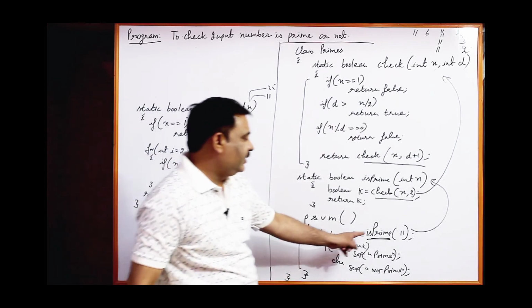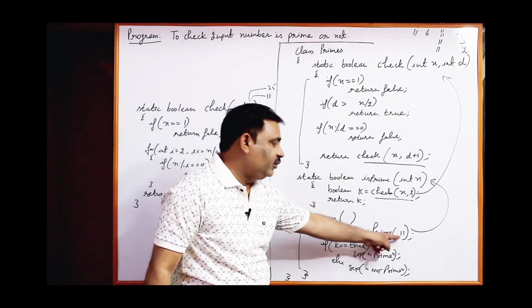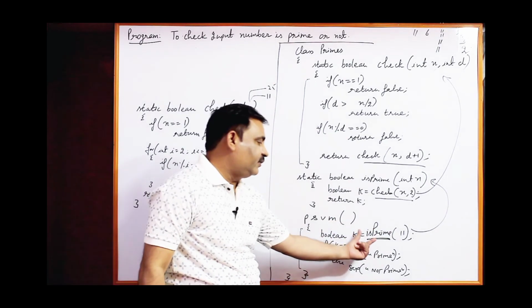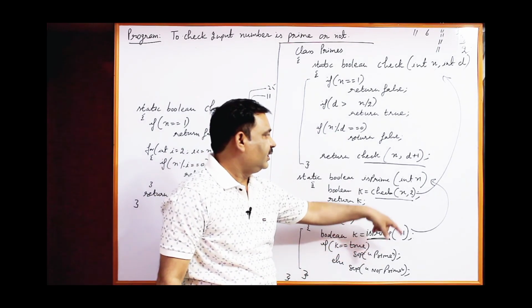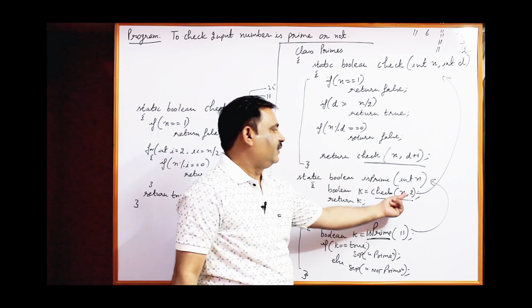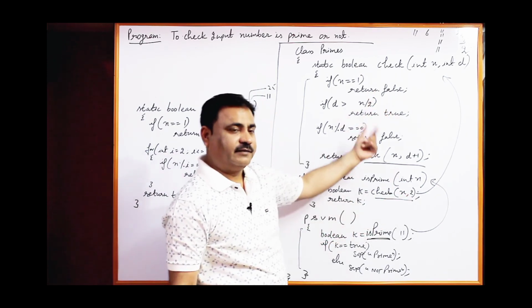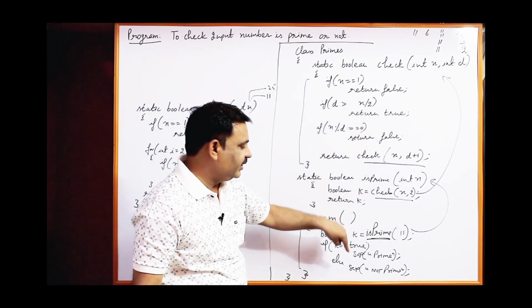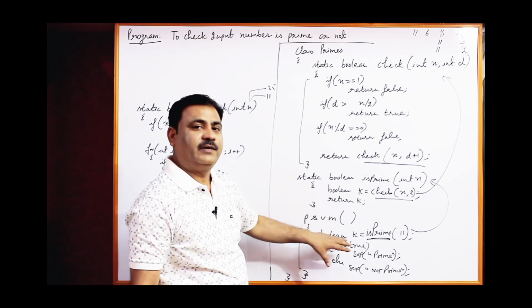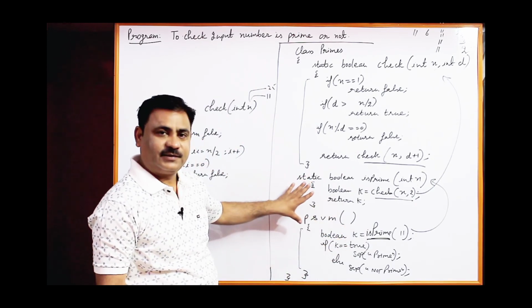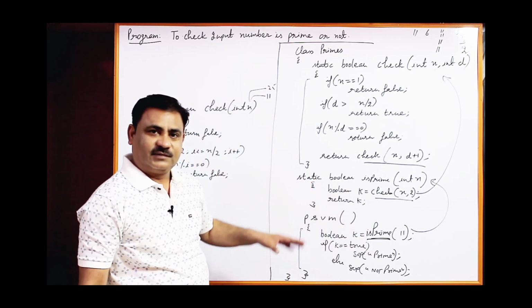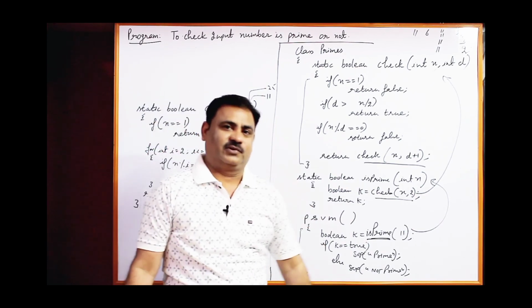So here only one value you have to pass, so we have to provide only this function to the user, isPrime. 11 will be passed here, 11 comma 2 will be passed further, and it will return true or false to here, and finally here. This way we can do a little adjustment. This is the program to check whether the input number is prime or not. That's all.